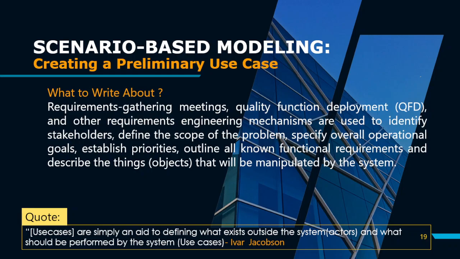After you are done with the requirements gathering meetings, quality function deployment, that is QFDs, and other requirements engineering mechanisms, which are used to identify the stakeholders, define the scope of the problem, specify overall operational goals, establish priorities, and outline all known functional requirements, we need to describe the things which are going to interact with the system and be manipulated by the system. We need to write about it.